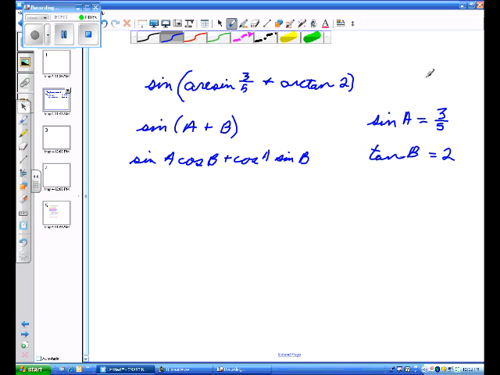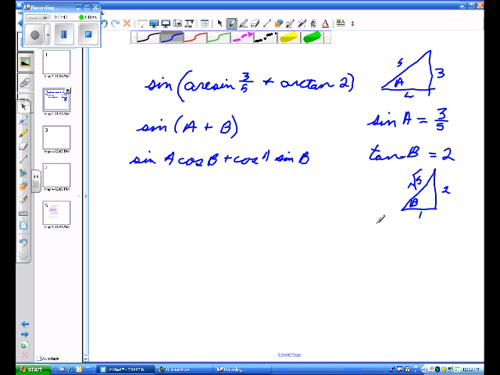And we know from here that we can draw triangles. So if this is angle A, then the sine of A would be 3/5, and our other side would be 4. Here, the tangent of B, well, the tangent is the opposite over the adjacent, and so our hypotenuse would be 1 squared plus 2 squared, so it would be the square root of 5.